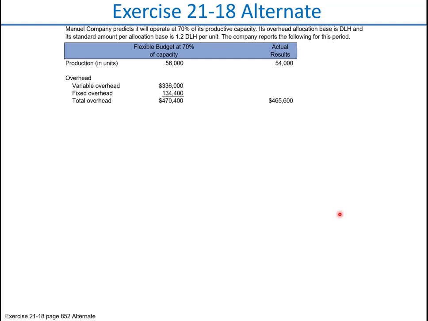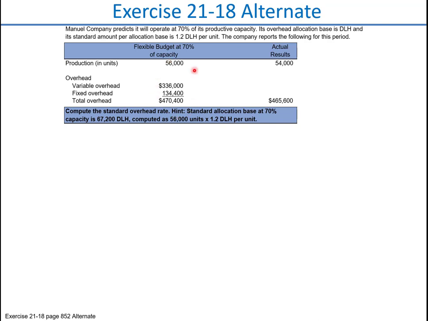We're looking at the overhead variances now. Their standard is 70% of their productive capacity. They should make 56,000 units. They only made 54,000. This means this overhead variance will be unfavorable because they should have made 2,000 units more than they actually made.